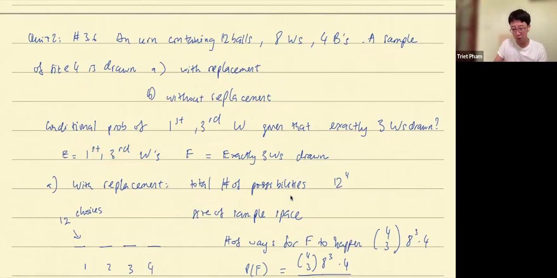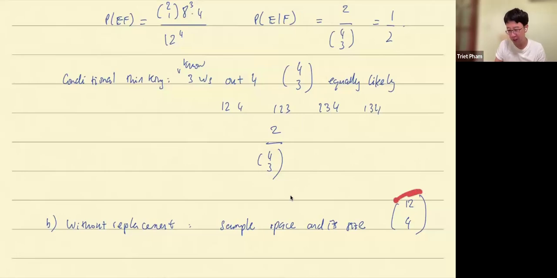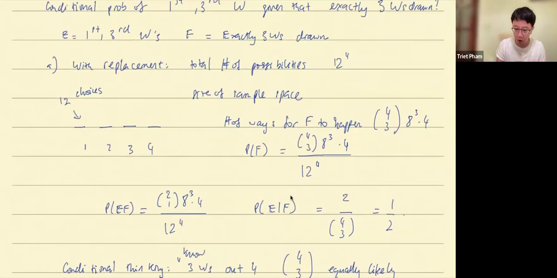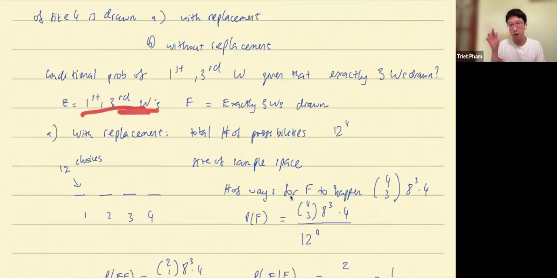But if you use some tool that's half related to a problem, but it's unclear if it addresses every single aspect, then you may get the answer by luck. But you're not going to be able to understand the problem, and you're not going to get the right answer every time. So I'm not saying that 12 choose 4 is incorrect, but I don't see how 12 choose 4 would address the aspect of the first and third ball being white.